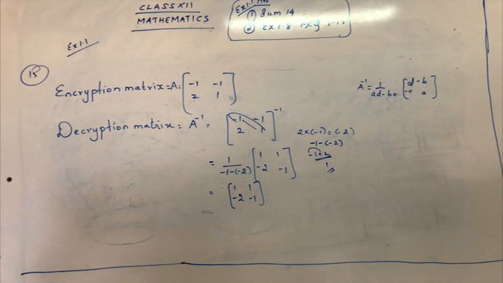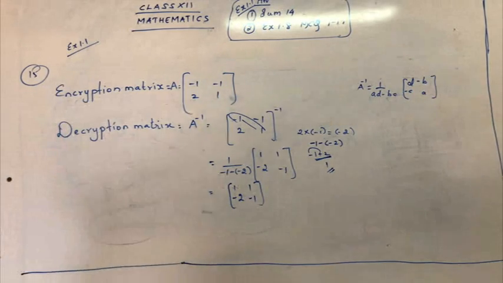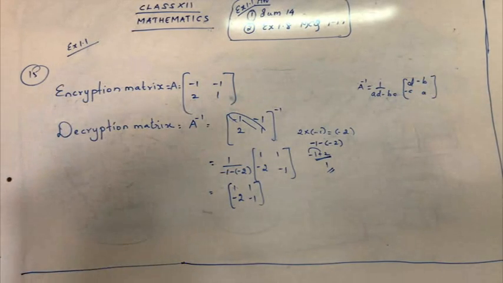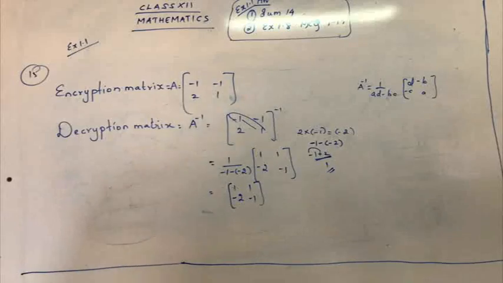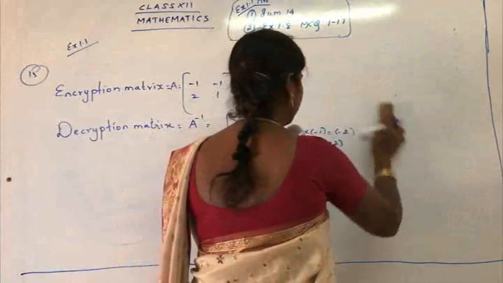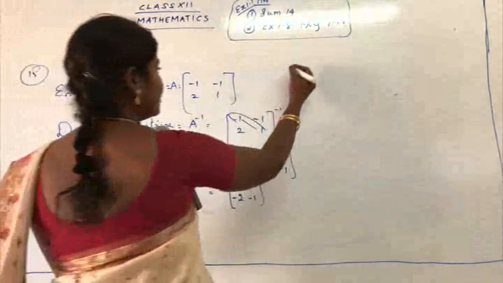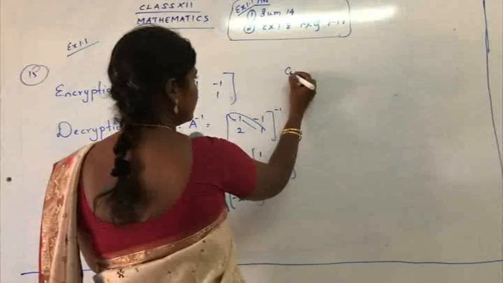So your heading will be coded row matrix, decoding matrix, and decoded row matrix. This is the same solved example. They have given you the same type of sum, so we can follow that step and continue our sum. So write down the step. After finding the decryption matrix, mention here, give proper spacings, children.